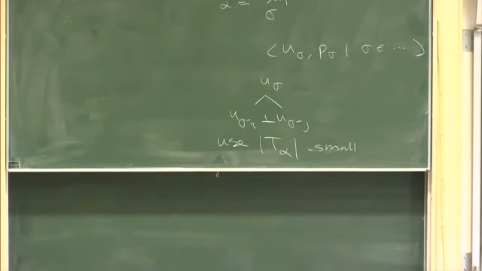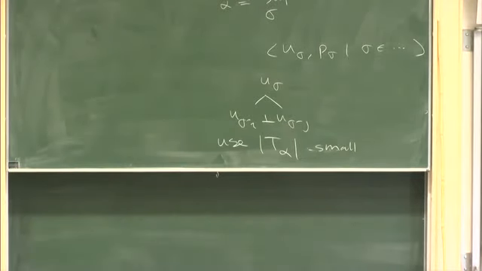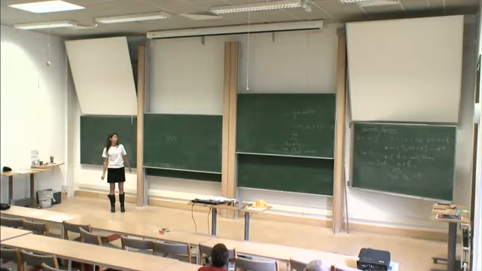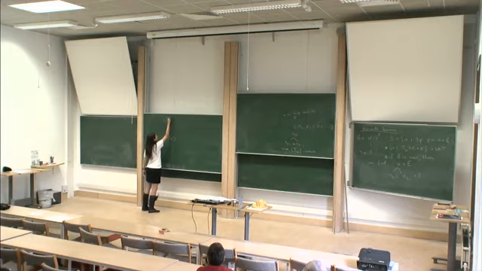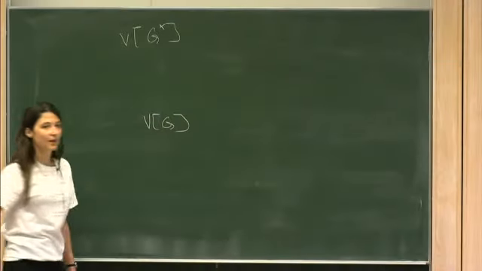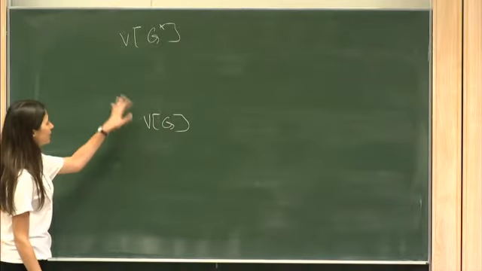So here, our picture is as follows. Let's recall the picture from last time. This is our main model, VG, where we want to show the branch exists. This is where the tree is. Now, up above, we have this VG star, where G star is generic for R star, which I defined last time.